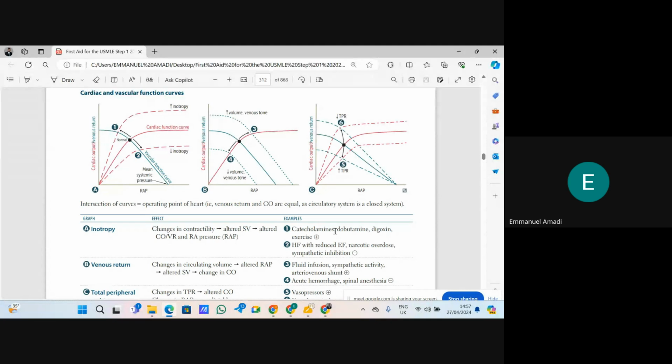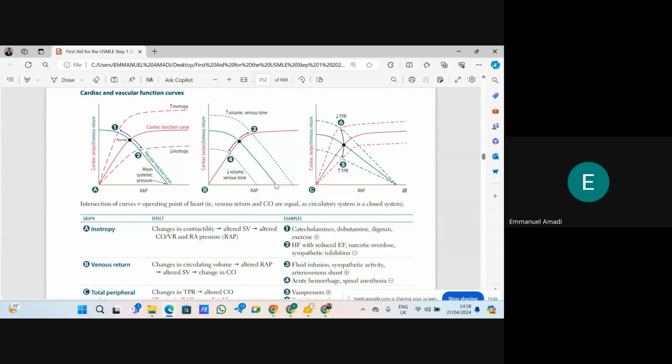Now, when you look at number two, it is giving you two different things. They are definitely giving you preloads at different levels. This is the normal venous return, the one in the solid blue line.